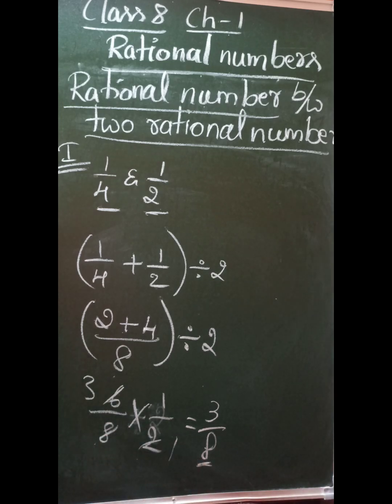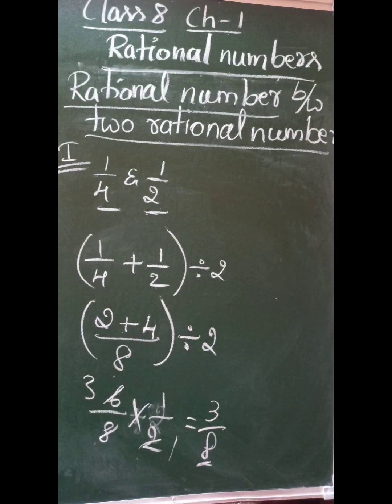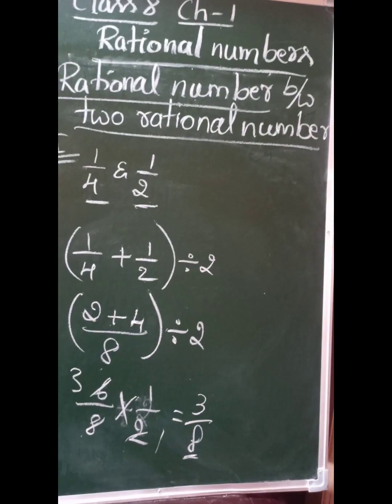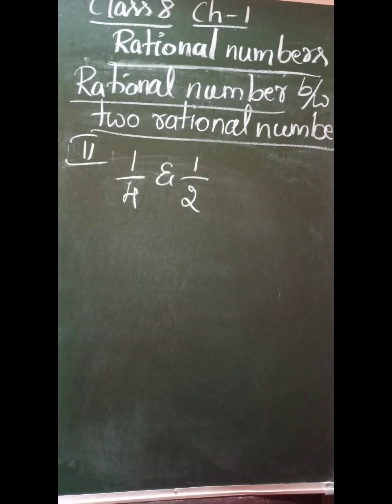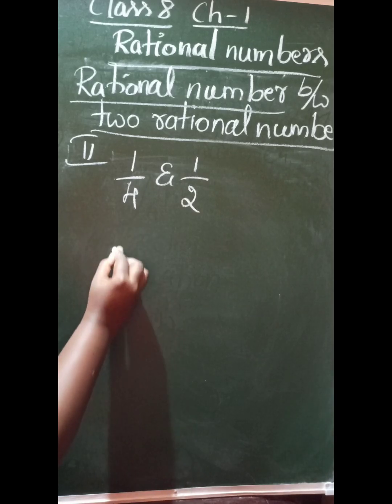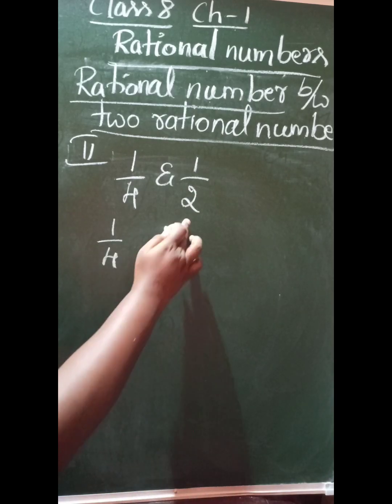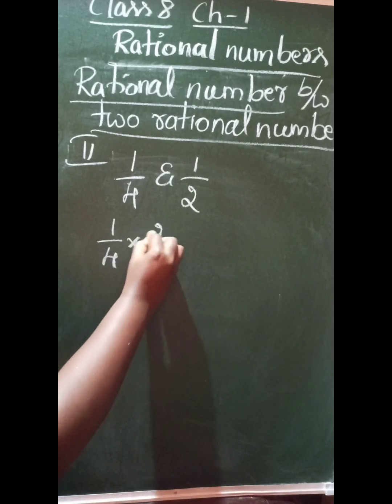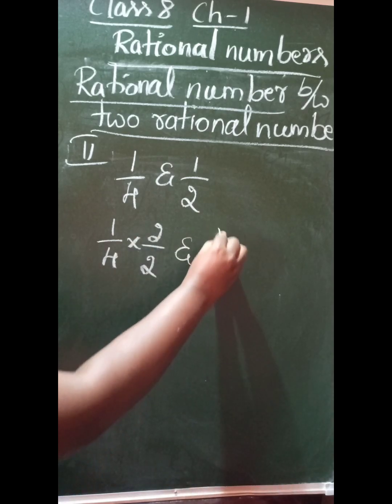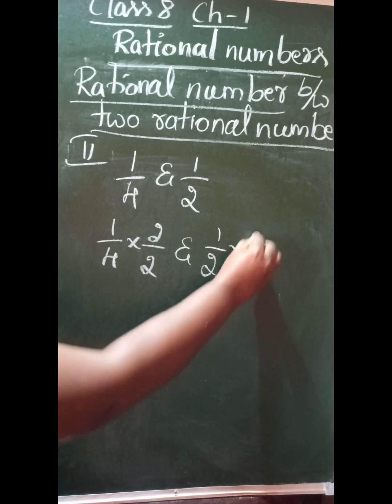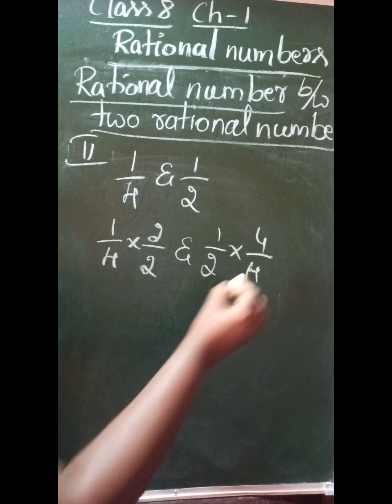This is one way of solving this rational number, and I will tell you how to find it with another method. This is the second method to calculate the rational number. Here consider 1 by 4. Multiply 2 on both numerator and denominator, and also consider 1 by 2 and multiply 4 on both numerator and denominator.